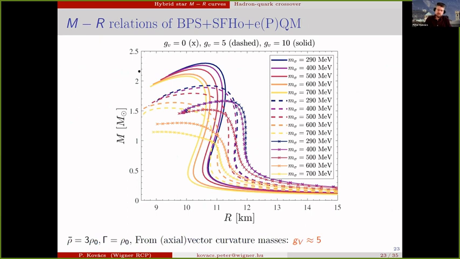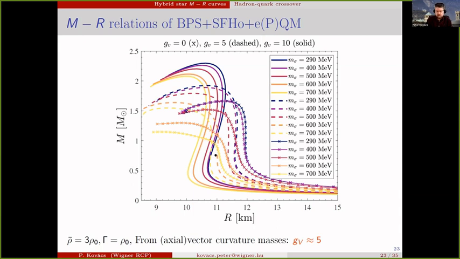So these are the results. At very low density we use the BPS, then the SFHo and our model. In the set of curves, the difference is that we use the vector coupling G_V at 0, 5 and 10. So these are the different cases, and we can see that they change quite a lot. Within that, we also vary the sigma mass, which is a very important parameter in this case.